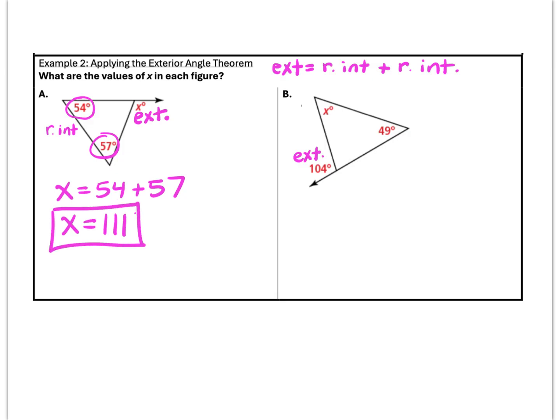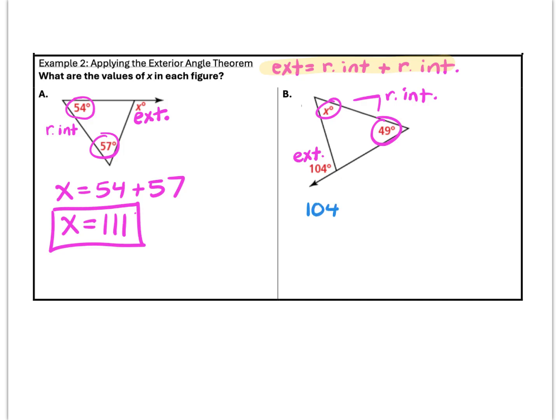Now, our last question over here, we have the exteriors, and these two are the remote interiors. But remember, exterior equals remote interior plus remote interior. This is the formula that we are using. So the exterior is the one I want by itself.